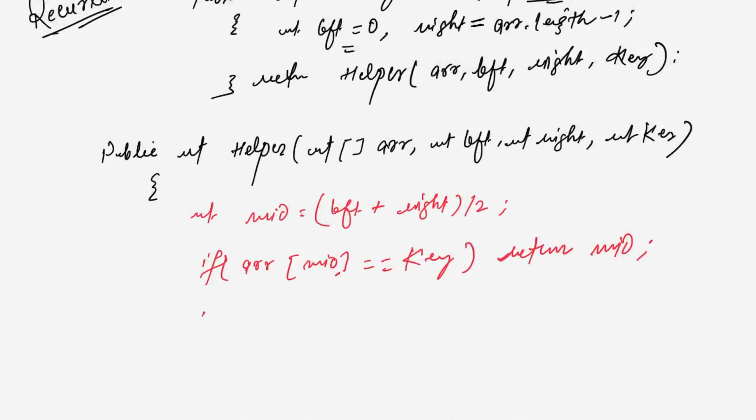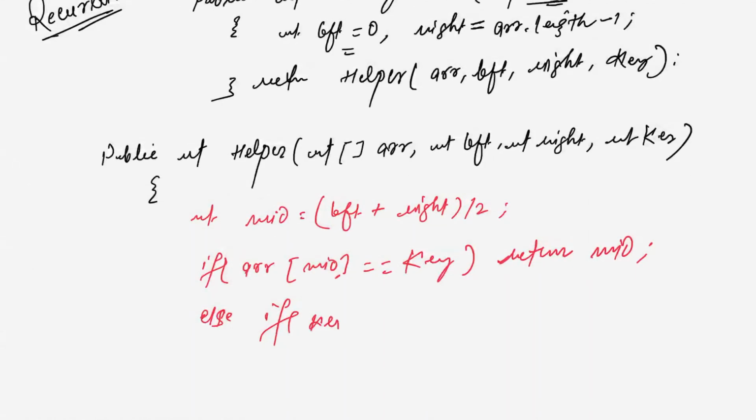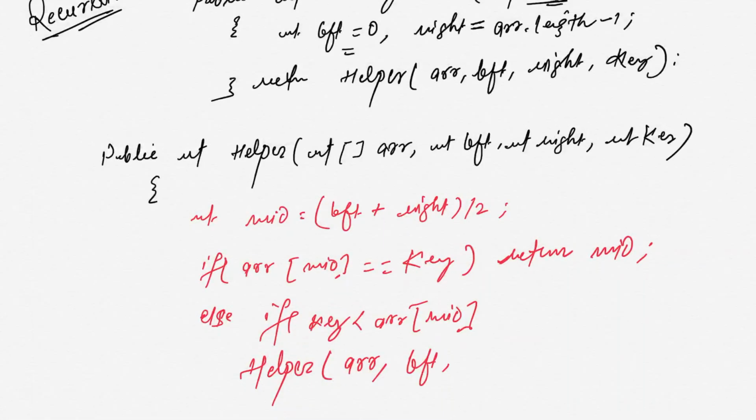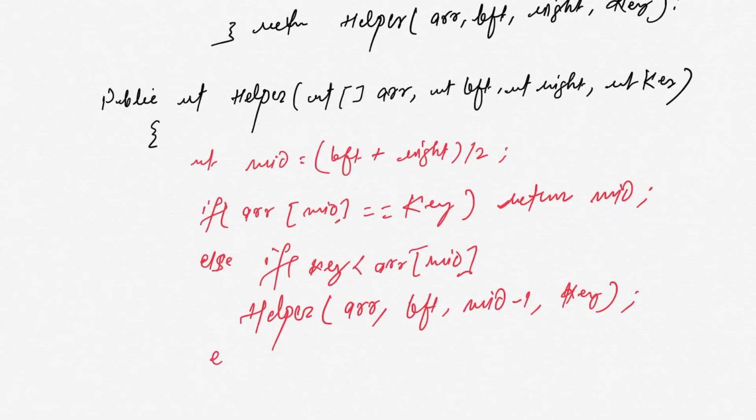Else if, as we have already discussed, if key is lesser than array of mid, we are going to call the same function. The array will be the same, left will be the same, but right is going to change. Right will become mid minus 1, and the key we are going to search.